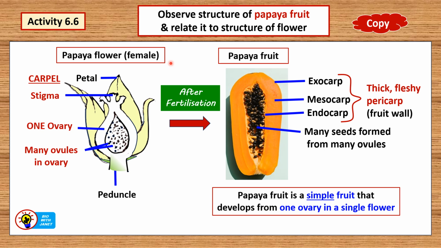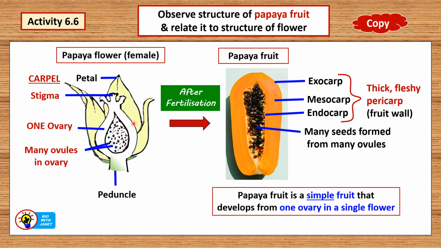The first one only produces female papaya flowers, which have only carpels. The female reproductive structure is called a carpel. Then there's another type of tree which produces only the male papaya flower, which has only the stamens, the male reproductive structure.